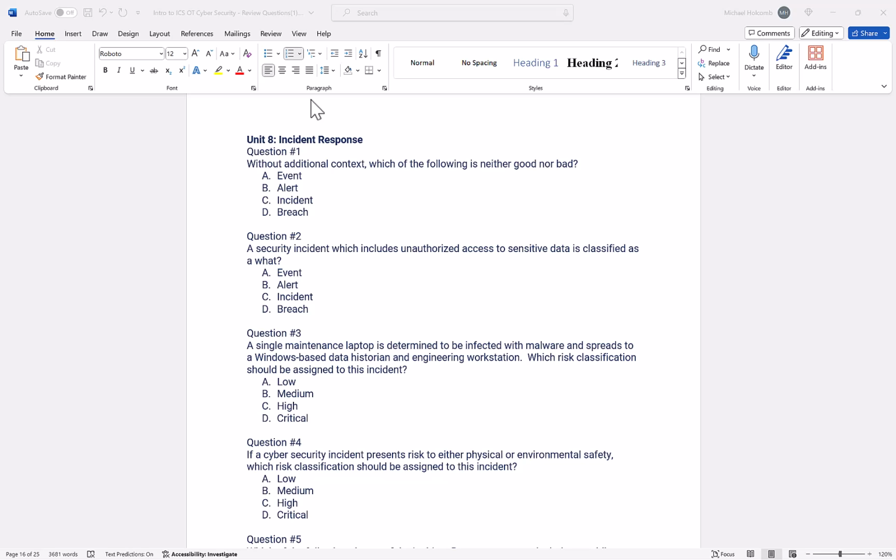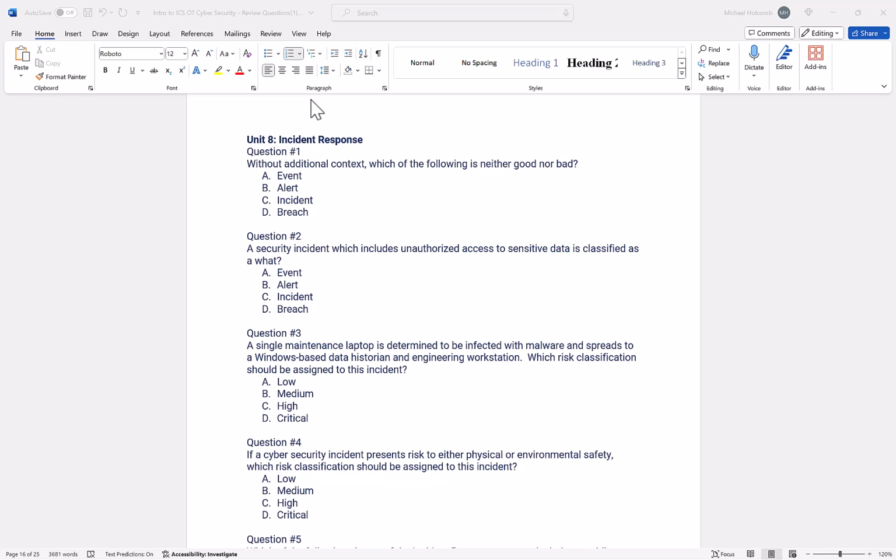So Unit A, let's talk about question 1. Without additional context, which of the following is neither good nor bad? We already talked about this. An event means we have a recorded something that happened, but we don't know if it's good or bad by default.